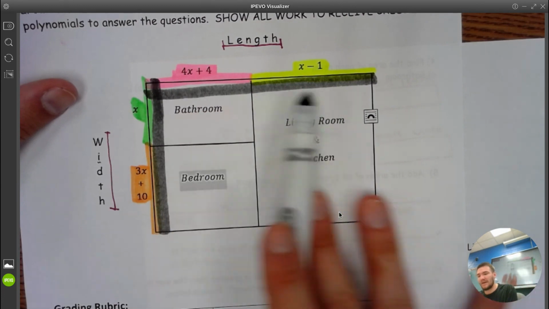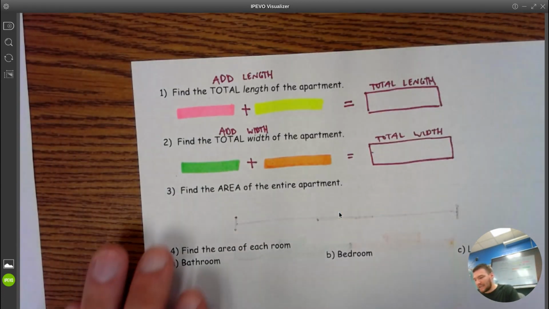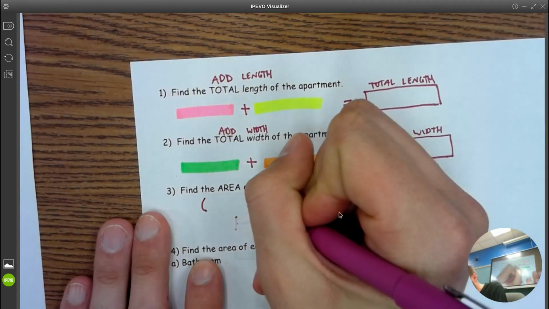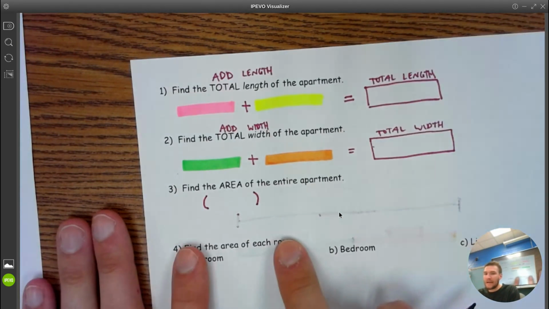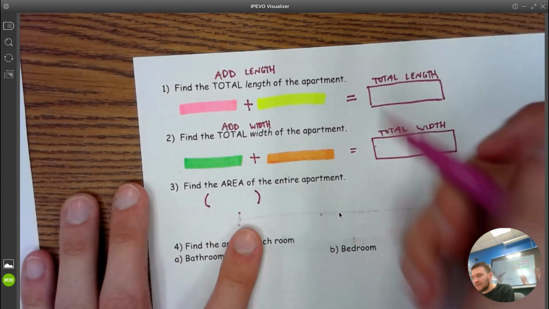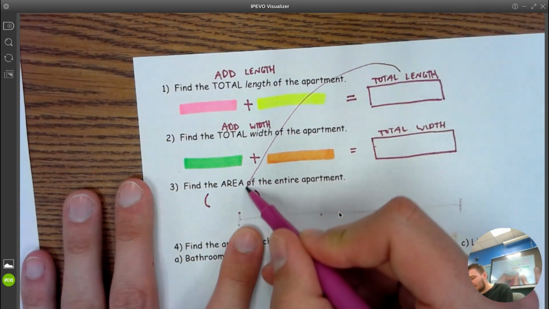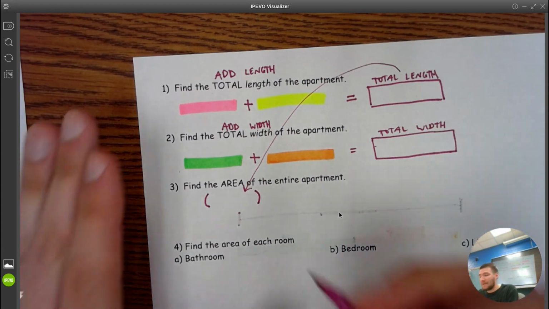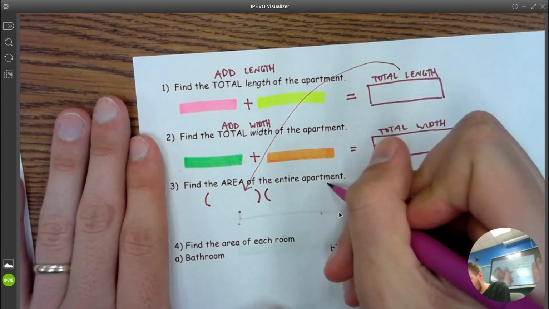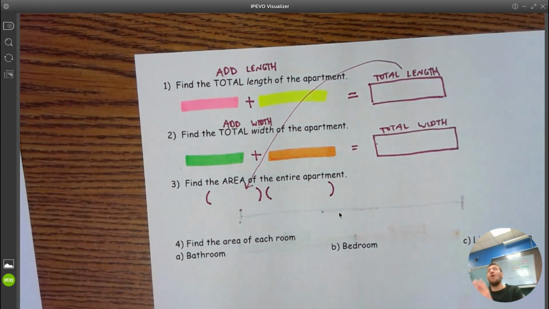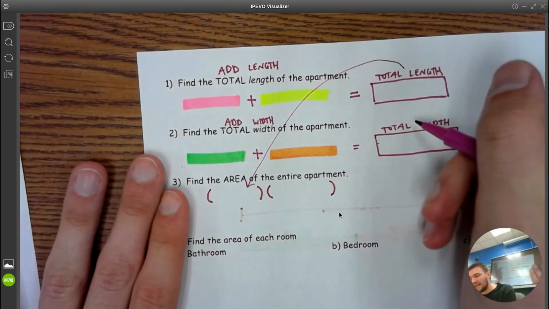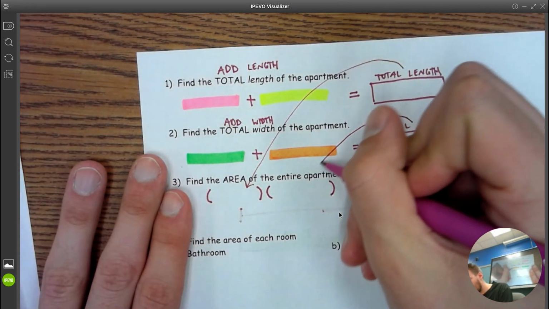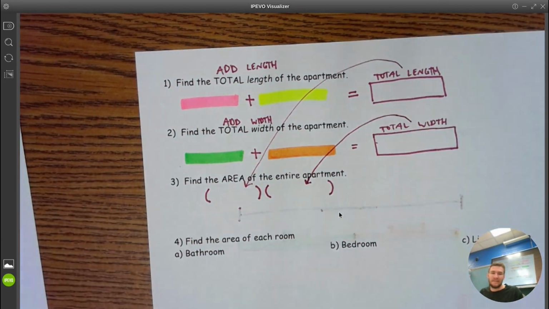So question number 1, which was the whole top, I'm going to kind of write it with parentheses, not too big. I am going to give myself some room. And I'm going to put whatever that answer is right there, I'm going to put into this box. Because that's going to be the whole top. Okay? And I'm going to multiply that with the whole side, or the total width. So whatever answer I got for number 2, I'm going to put in this parentheses.